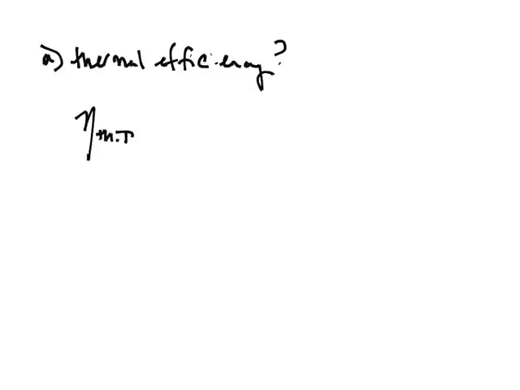Okay, so keep those cycles nearby, and let's go ahead and answer the first part of the problem. So the first thing that we want to know is, what is the thermal efficiency of our cycle? All right, so in class we derived an expression. Well, we did it for the Otto cycle, but it's okay, it's the same process to derive for the diesel and other cycles, whereby we get net work out, and we compare that with the heat that we have to put in, and that is the thermal efficiency of the cycle.